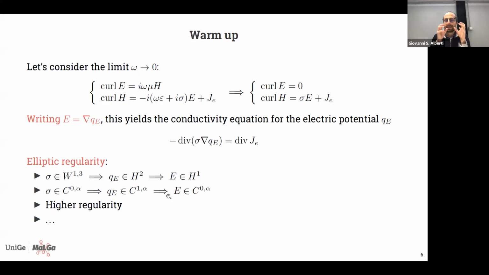So basically, I keep the same assumptions I made for the conductivity equation for this simple elliptic PDE. And so the strength of this result is basically saying that Maxwell doesn't add any complications. You just need to apply the Helmholtz decomposition in a smart way. And once you do this, Maxwell's doesn't add any difficulties for obtaining regularity for E, because with the same assumptions, you get exactly the same result.